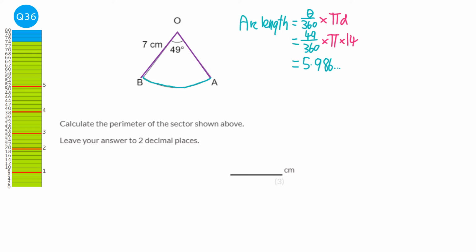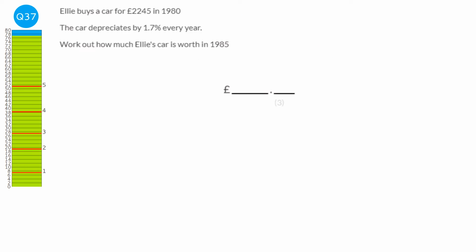So the perimeter will be the 5.986 plus a radius plus another radius. And when we do that, we get 19.986, and so on. We want to round it to 2 decimal places, so that would be 19.99 centimeters.